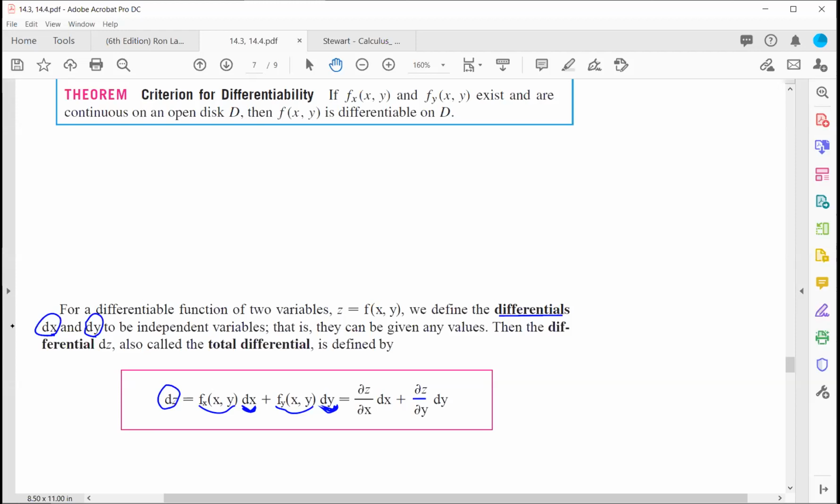So if somebody asks you to define the total differential of a function, you have to follow this formula: dz equals partial derivative of f with respect to x times the direction of x plus partial derivative of f with respect to y times the direction of y.